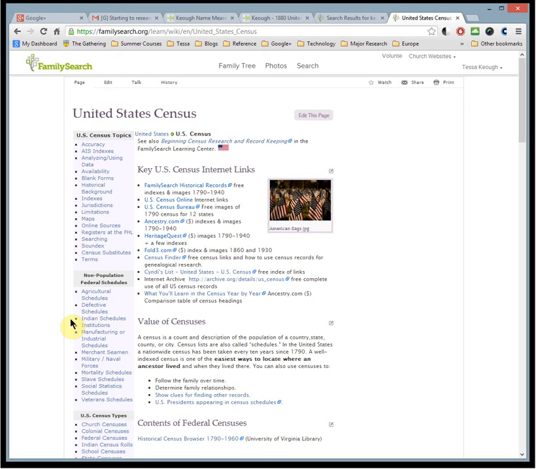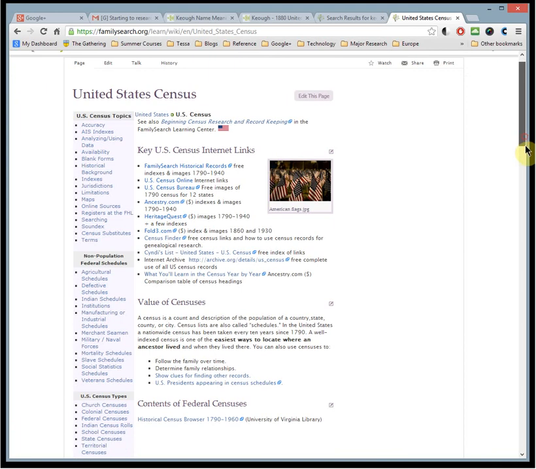And there's some manufacturing or industrial schedules. Things that you're interested in taking a look at, for instance, the slave schedules. All of these things are very helpful to take a look at, but the first thing you should be looking at is the population schedule. So this gives you, I'm just going to scroll through it really quickly, some information.